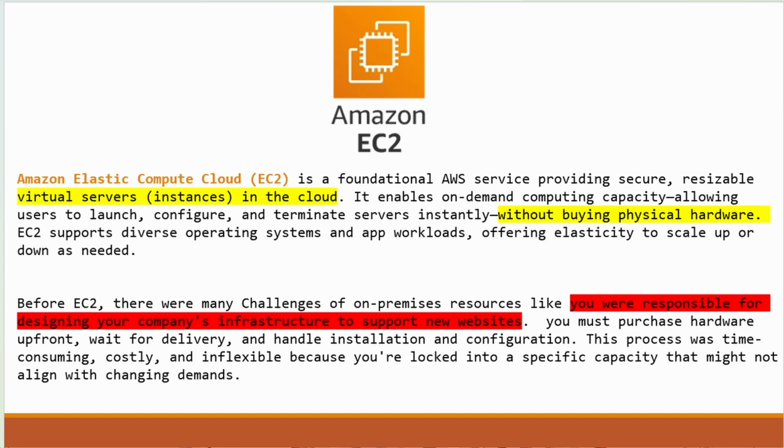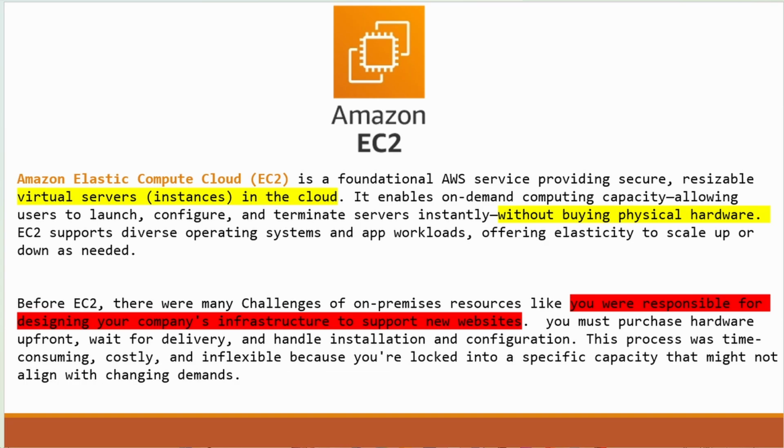This process was very time consuming, costly, and inflexible because you are locked into specific capacity that might not align with changing demands. In contrast, with Amazon EC2, you can quickly launch, scale, and stop instances based on your needs without the delays and upfront cost associated with traditional on-premises resources.